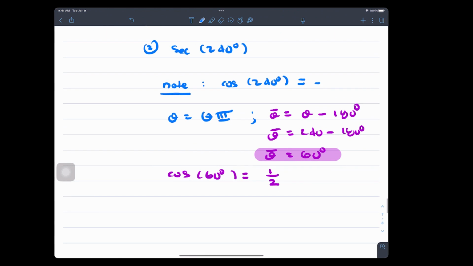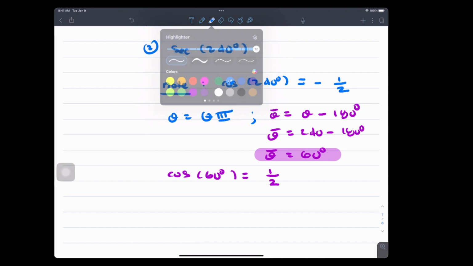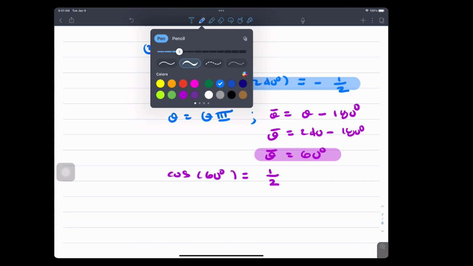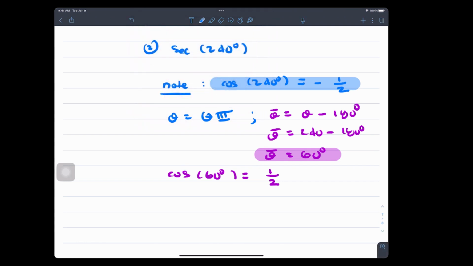So this will be negative 1/2. This is how you do it, ladies and gentlemen. All we used was all students take calculus, because you're really talking about circular functions and what quadrant that terminal point lives in, the x, y coordinates on the Cartesian coordinate plane.